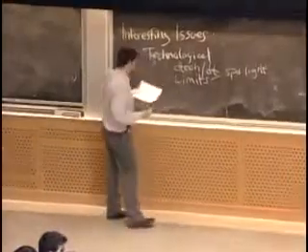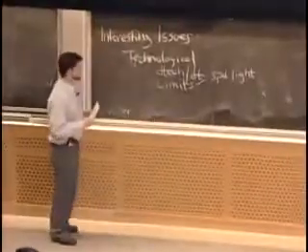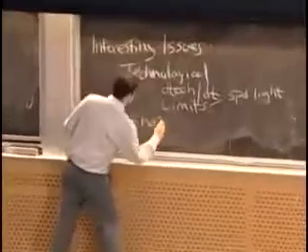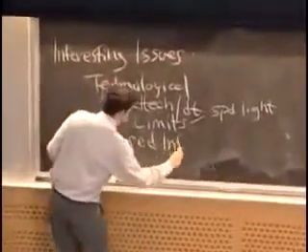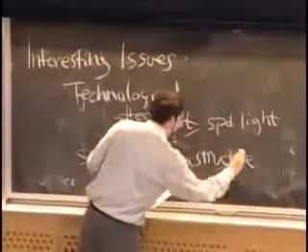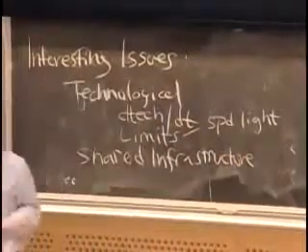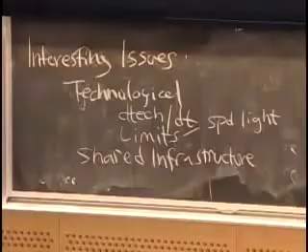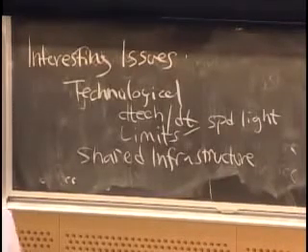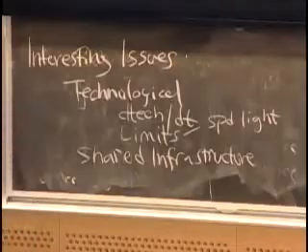Okay, so the other interesting issue that's going to come out about networks is that networks are a shared infrastructure. What that means is that there are multiple users who are simultaneously using a network. You all know this from using the internet, and all the networks that we're going to study in this class are basically a shared infrastructure.